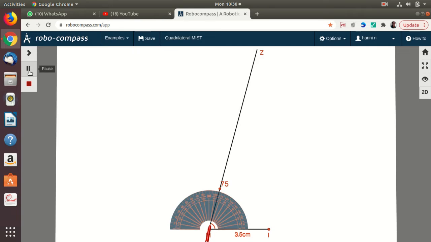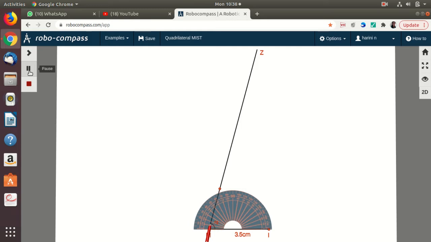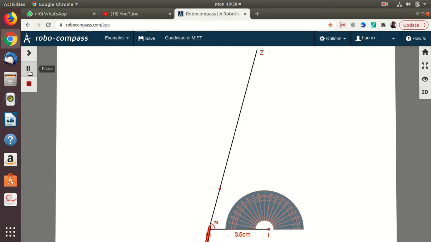Now the next step, you have to come back to the vertex I, where the angle given is 105. You can mark it there in the diagram. I hope you are seeing the 105 there. Here, the angle will start from the left side.